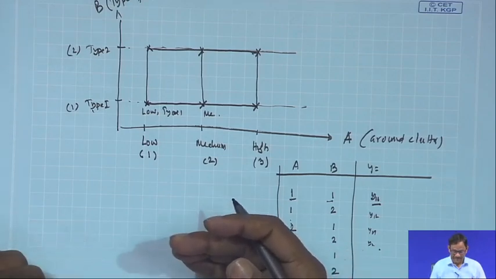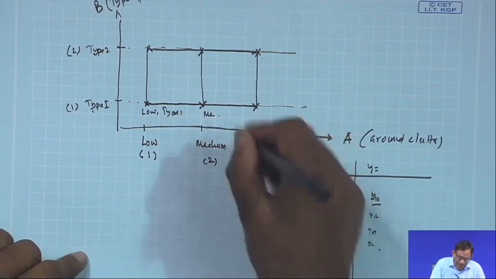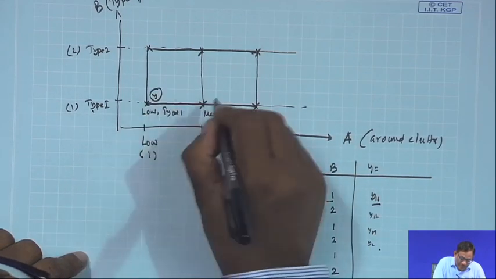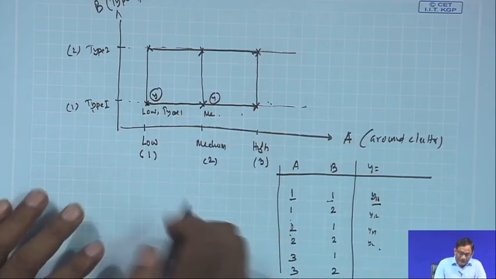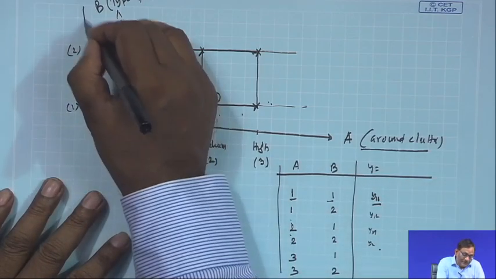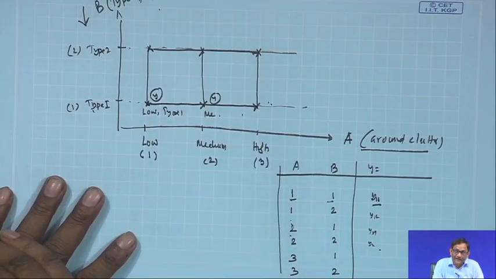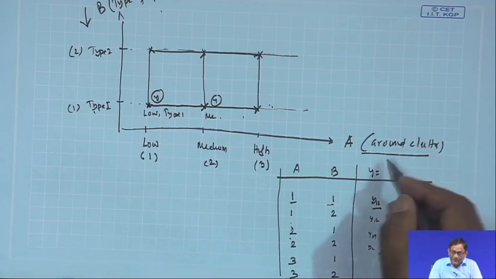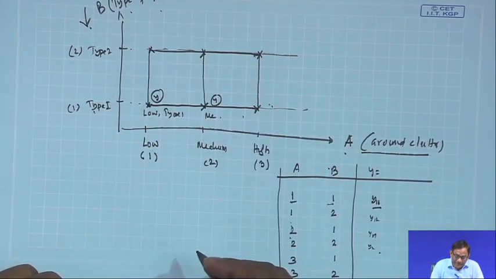What does it mean? The response y values not only depend on the ground clutter, they may also depend on the type of filter. In addition, they may depend on the interaction between ground clutter and type of filter, that is, interaction between A and B.